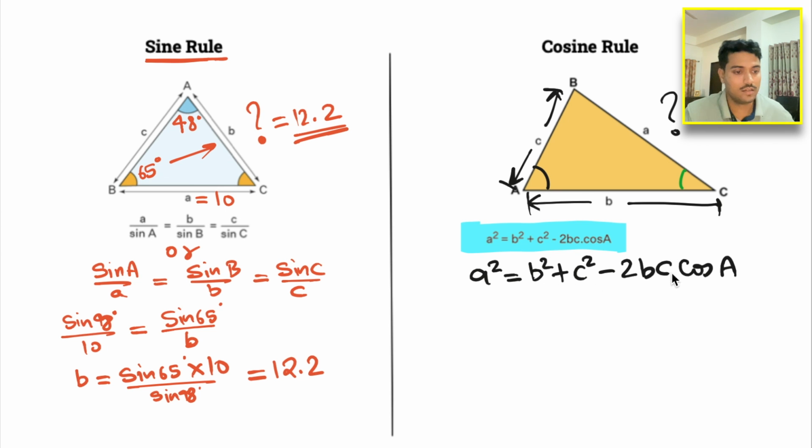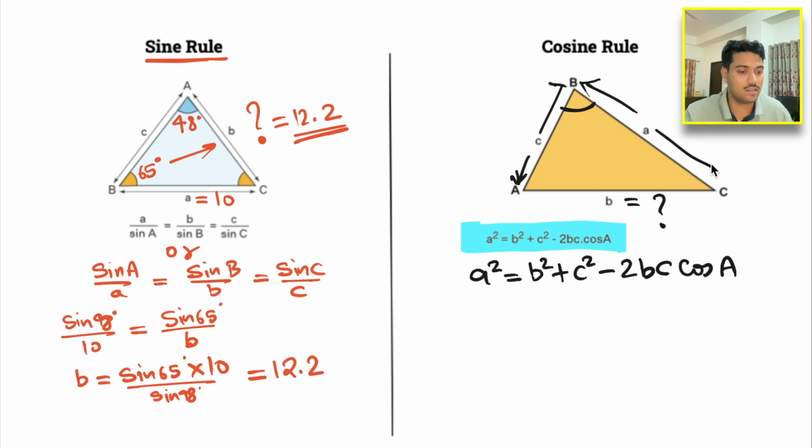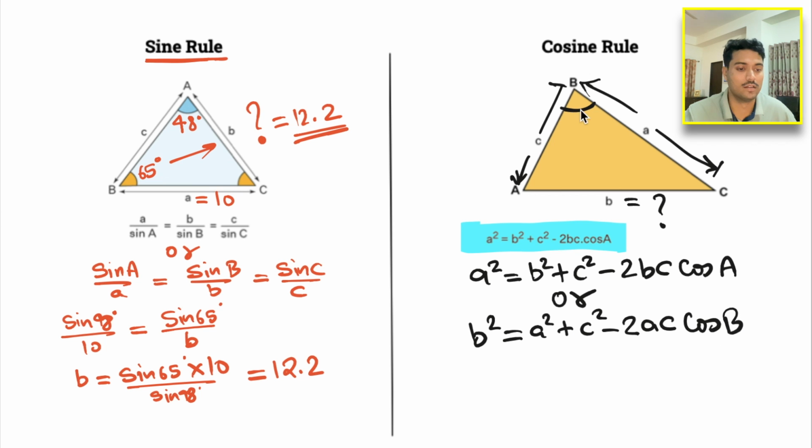But if, let's say, angle B is known to us and we have to work out side b, given the lengths a and c, in that case we can write the formula as b squared is equal to a squared plus c squared minus 2 multiplied by a multiplied by c multiplied by cos capital B, which is the angle.